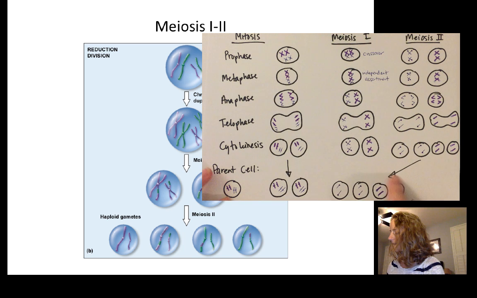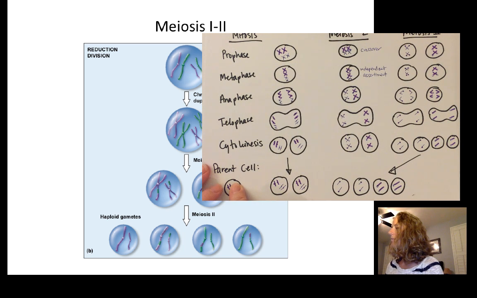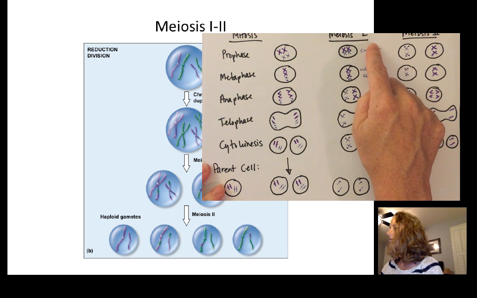So the gametes that result from meiosis have half the amount of chromosomes as the parent cell, and as I've kind of tried to draw here with these different dots, those chromosomes will look different because of crossover.